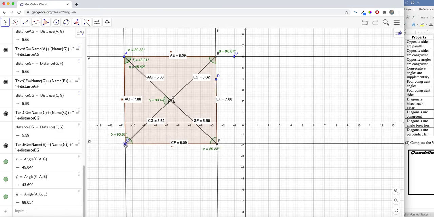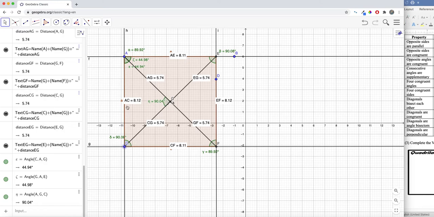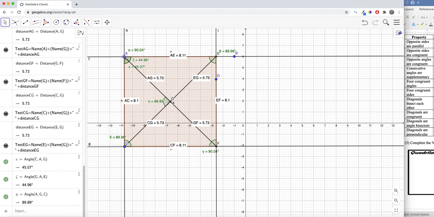Okay, so I want this to be that. And then I think I need to rotate this out. Nope, this way. Okay, that's not a perfect square, but those numbers are pretty close. So 8.1, 8.1, 8.11, 8.11, 89.96, that's pretty much a right angle. Okay, so I think it's good enough.